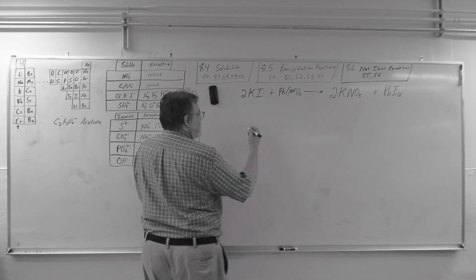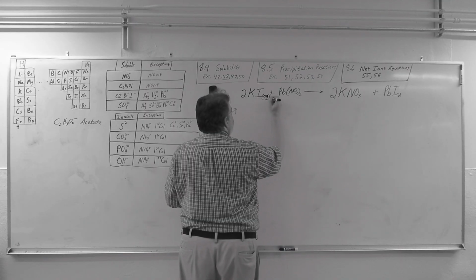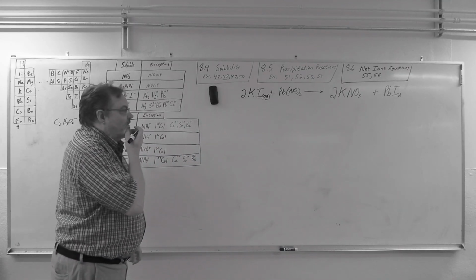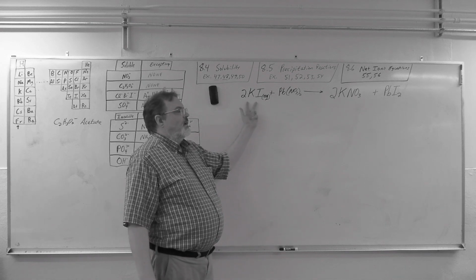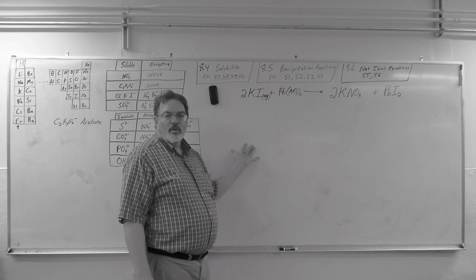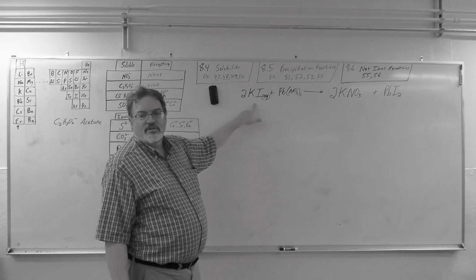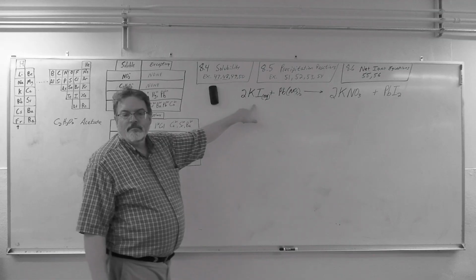If it's soluble, we do this. AQ in parentheses. That literally tells you that you don't really have KI. You have K plus and I minus floating around in water. The AQ means aqueous, literally referring to water. It's literally saying this is dissolved in water.